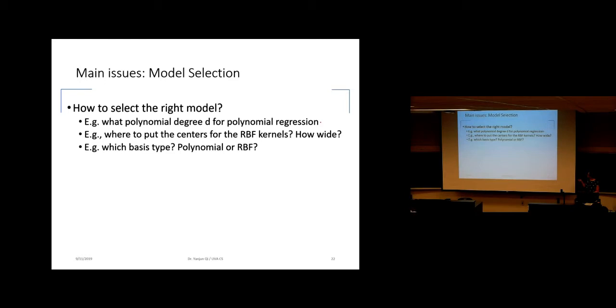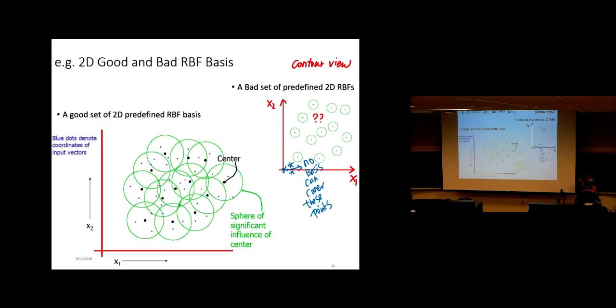What polynomial degree should I define as an upper bound to fit my line? Do I stop at 7? Do I stop at 5? This is actually one of the questions in homework 2: how to pick the right D. In the radial basis case, where do you put the center? What do you pick as the wideness? If you look at this figure, I'm using RBF bases that all have the same wideness.